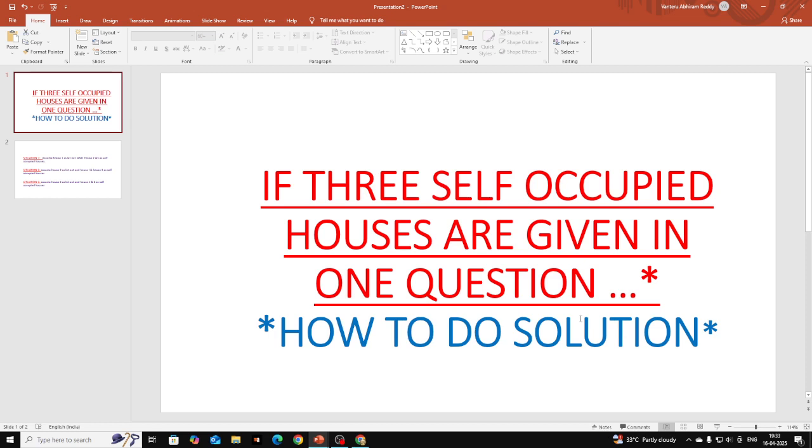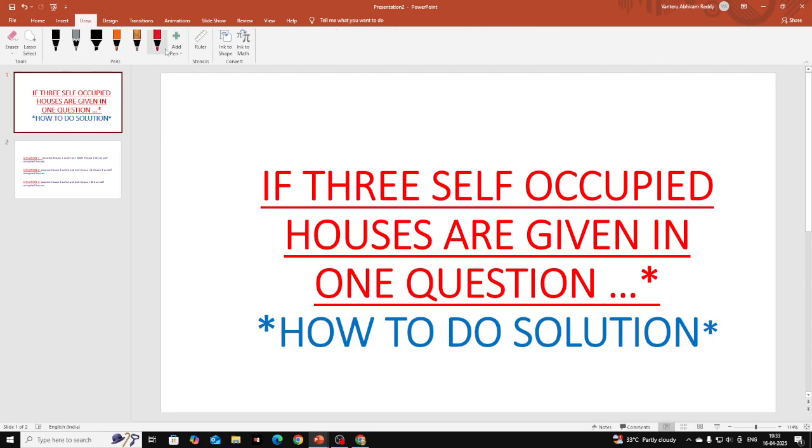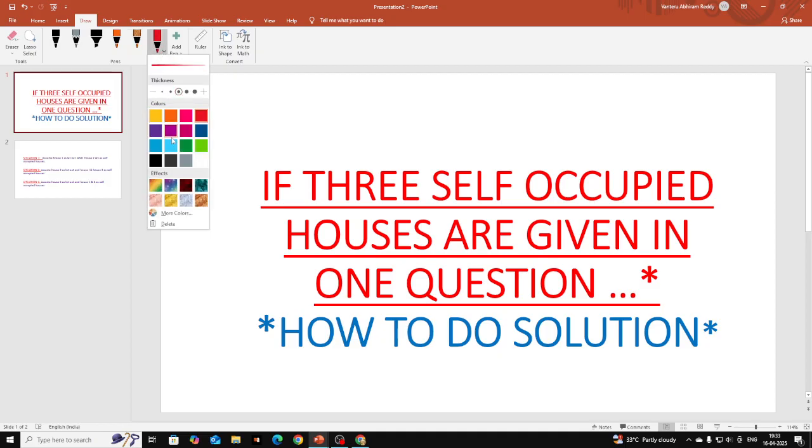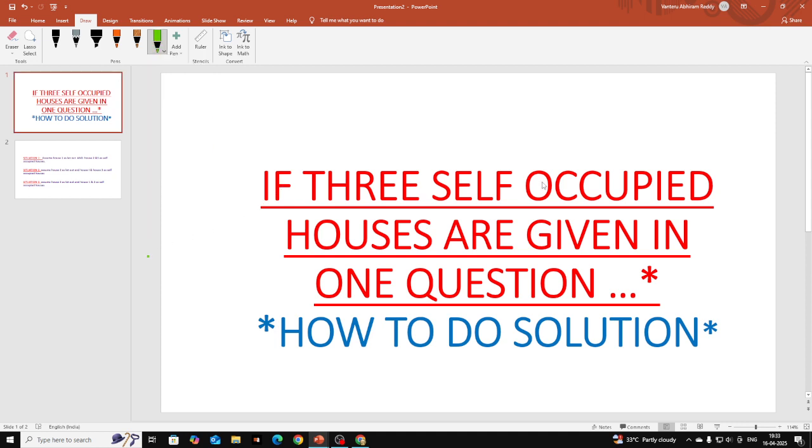I want to discuss with you a very important point in income from house property. In any question, if three houses are given and all three houses are used by the assessee only for self-occupied purpose, he is staying in the houses himself.